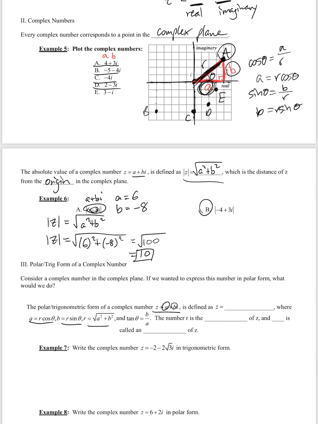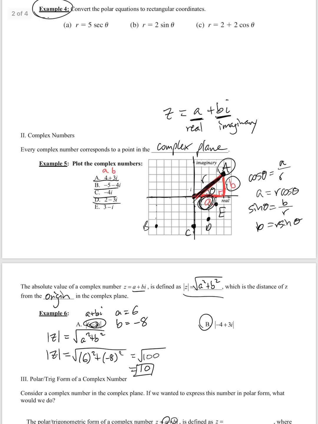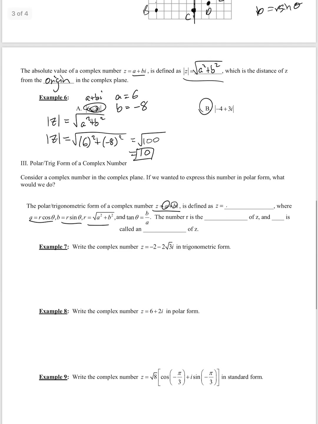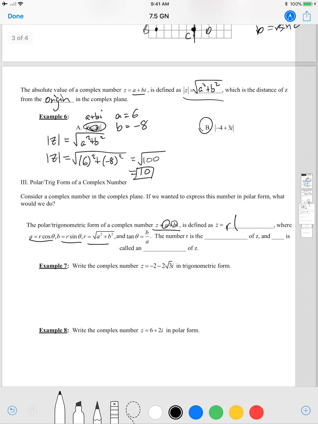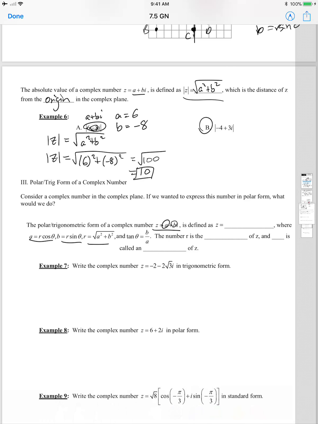So if we put this all together, well, let me take a step back for a second. z equals a plus bi.